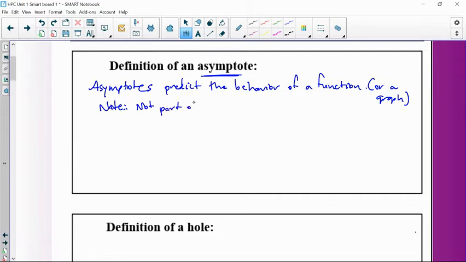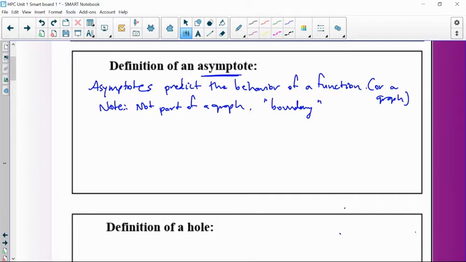Maybe in other classes, they talked about it as almost like a boundary. I'm putting it in quotes because a boundary, to me, tells me that I can't touch that, like it's out of bounds, right? But there are some asymptotes you actually can touch. So that's going to be maybe a different thing this class.